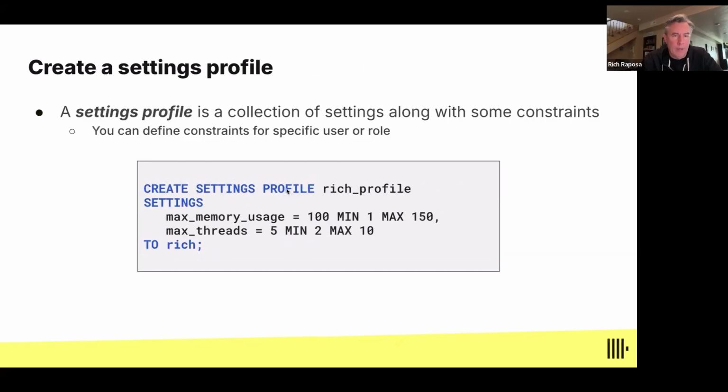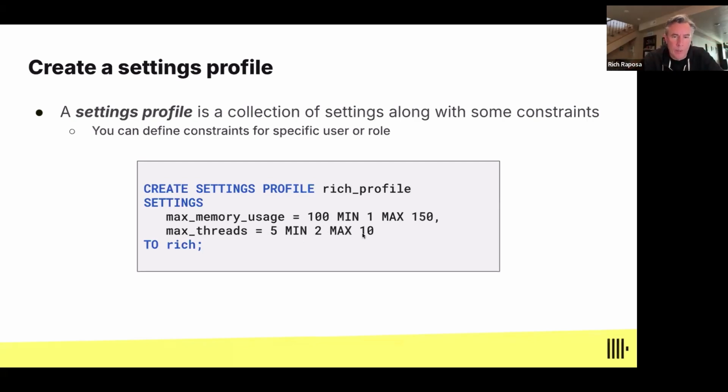here on this slide right here, I created a profile called Rich_profile. So that was something that you would assign to users. And then here I'm saying that Rich only gets a maximum memory of 100. Well, the min is 1, max is 150, but the default's 100. And then I get 5 threads. That's my default value of threads.